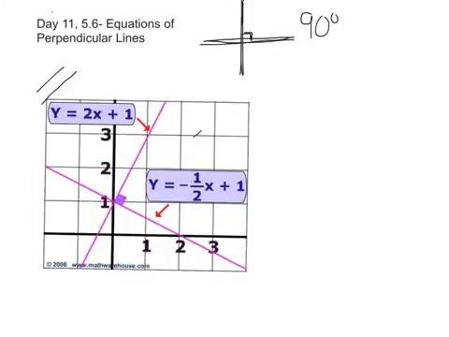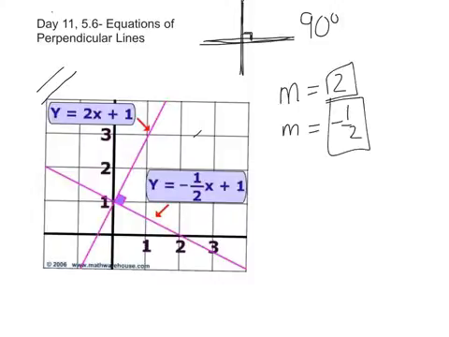The slope of my first line here is 2, and the slope of my other line is negative 1/2. There happens to be a really close relationship between these two. The first one's 2 over 1. The second one is 1 over 2. The first one is positive. The second one is negative.